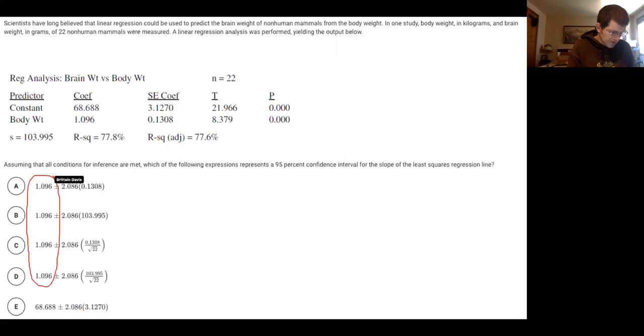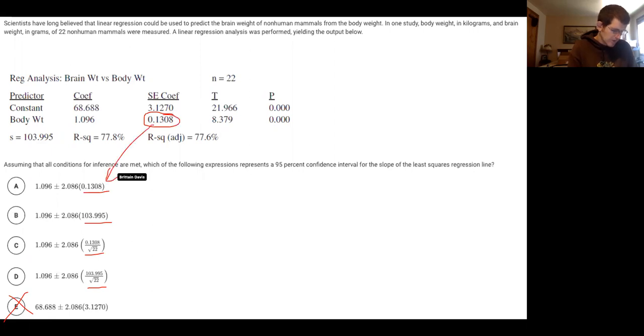So it really just comes down to where the difference is, because I can rule this one out. Which of these standard errors is correct? And luckily we know it's that value right there. So it's actually a really straightforward problem.